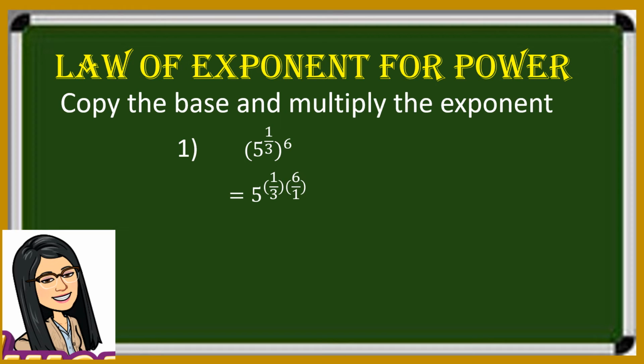So 5 raised to 1 times 6 is 6, then 3 times 1 is 3. So we will get 5 raised to 6 over 3, and 6 divided by 3 is 2. So we have 5 squared. And 5 squared is the same as 5 times 5. Therefore, 25 is our final answer.